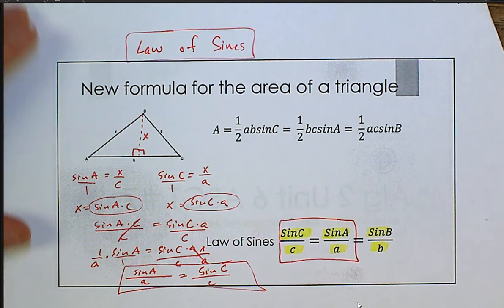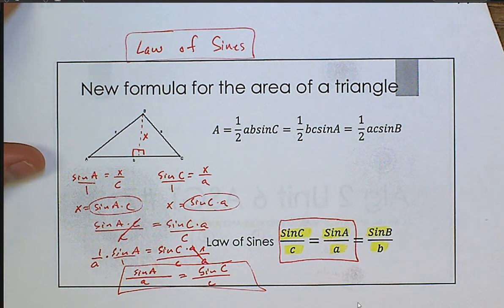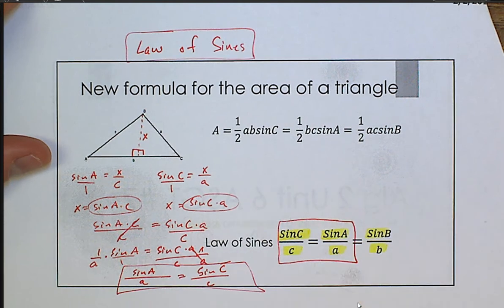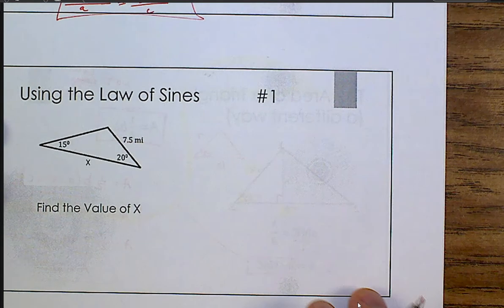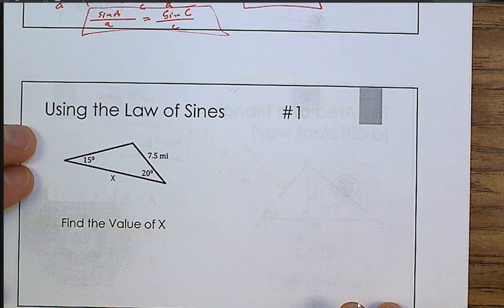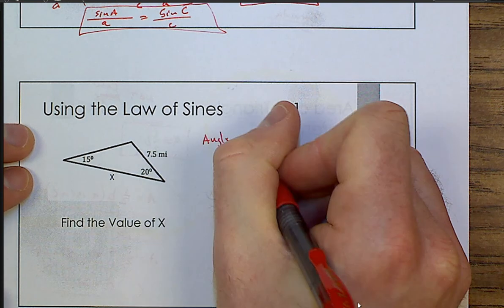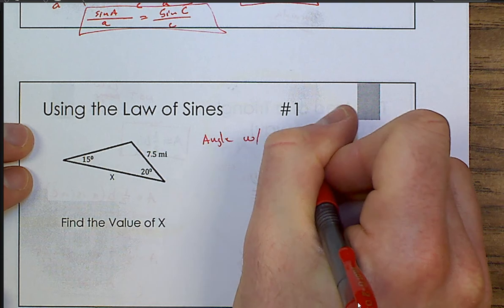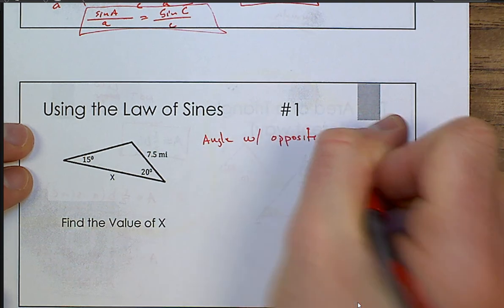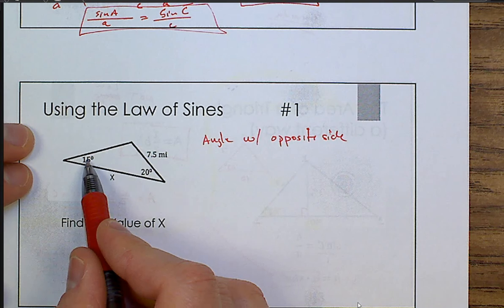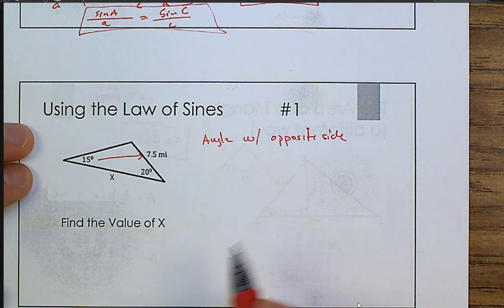Okay? So, how do we apply this to problems? Let's do it. Usually, if I have a problem like this, what I'm looking for is an angle with its opposite side. Okay? So like I see 15 and opposite of that is 7.5. I need to find x.